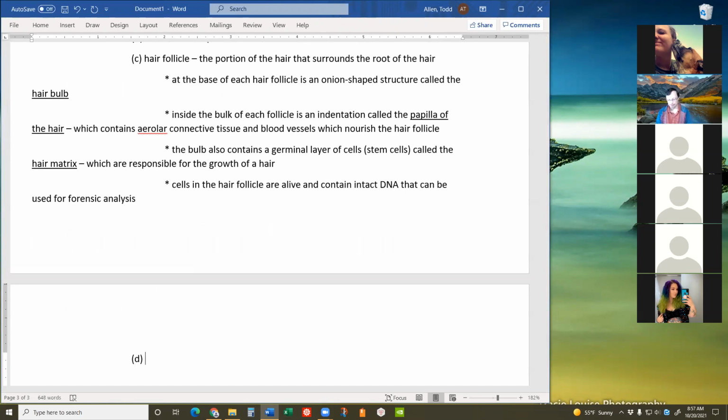Letter D here. I'm going to point out two more features of hair anatomy. There are smooth muscle cells connected to each hair. They form what is called the erector pili. You can get your best image on panel A of figure 5.4.